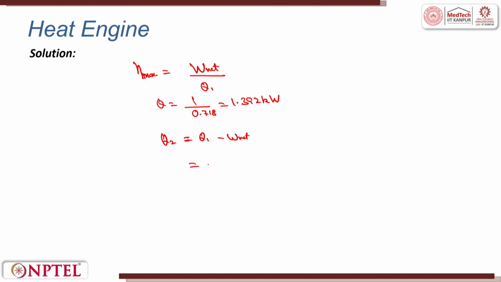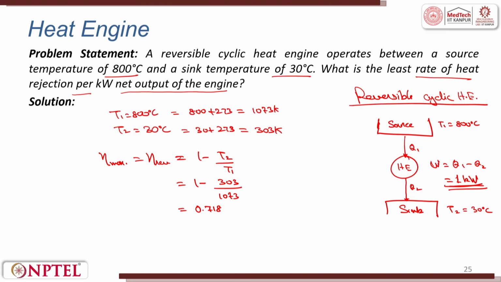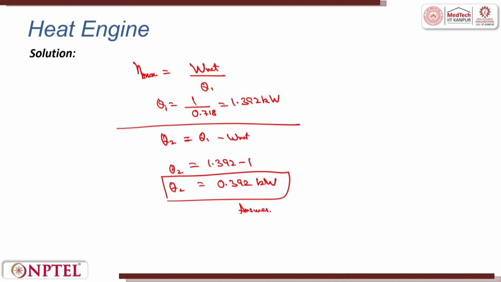This is equal to 1.392 minus 1, which is equal to 0.392 kilowatts. This is Q2. This is our answer. That is the rate of heat rejection they have asked. We have gotten the value of Q2 as 0.392 kilowatts.